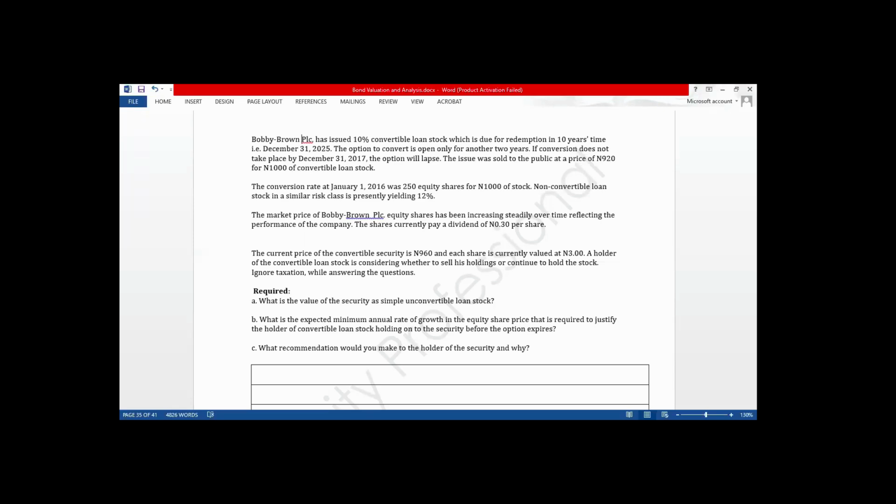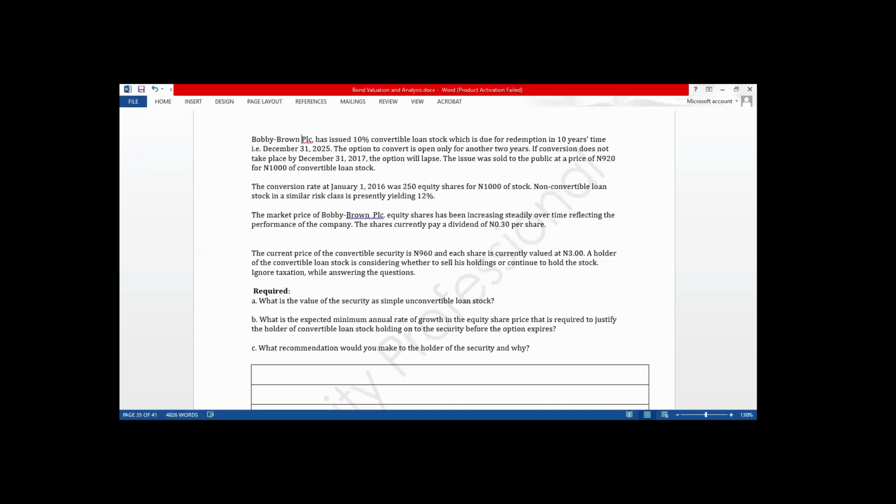The issue was sold to the public at a price of 920 naira for 1,000 naira of convertible loan stock.